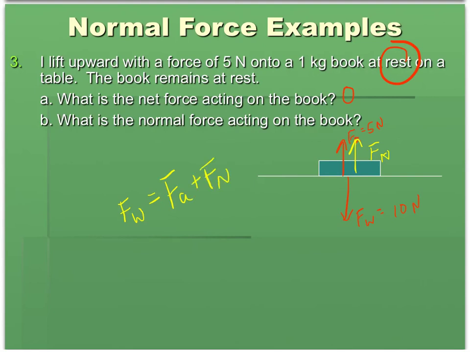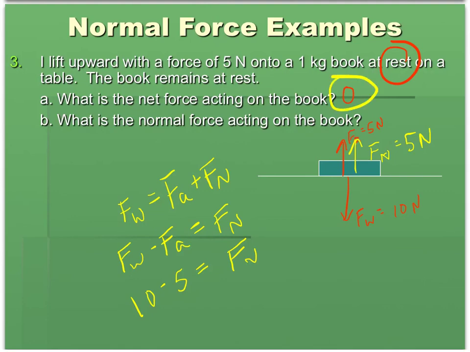And so when I rearrange this, I would take Fw minus Fa to give me my normal force. So 10 minus 5 is going to give me a normal force of 5 newtons as well. Okay, so I've got a total of 10 newtons in the upward direction and 10 newtons in the downward direction, again giving me that net force of 0.